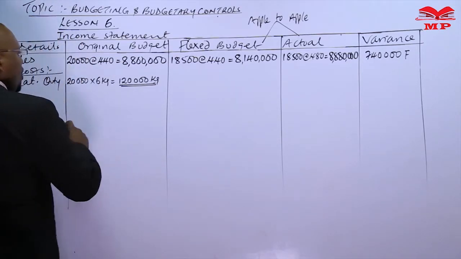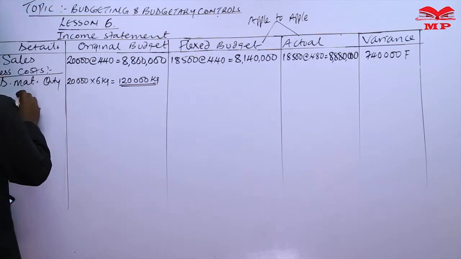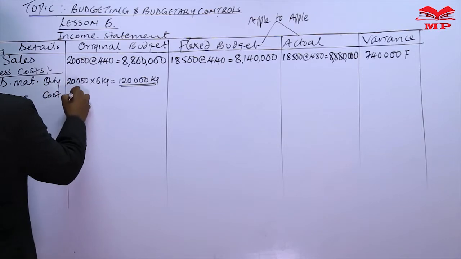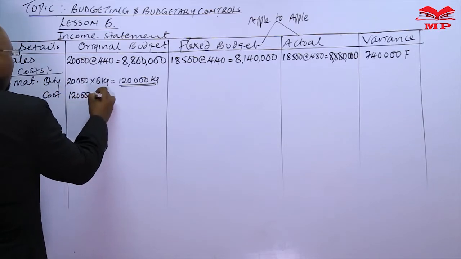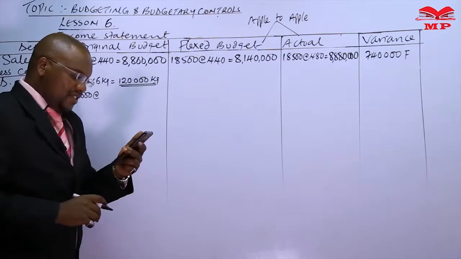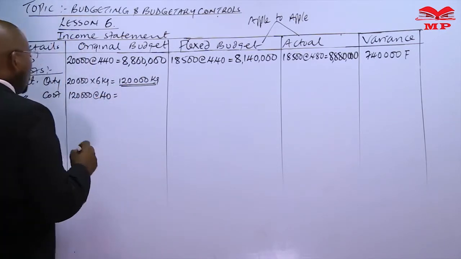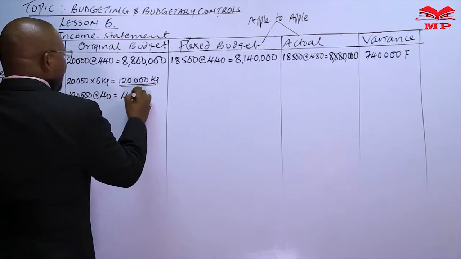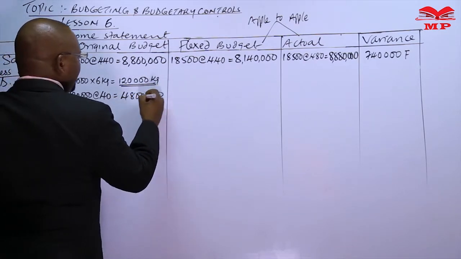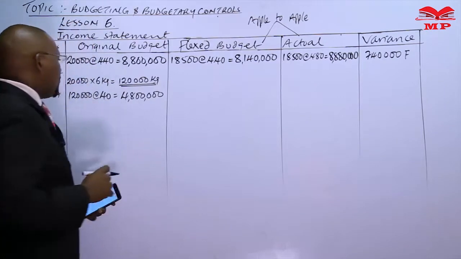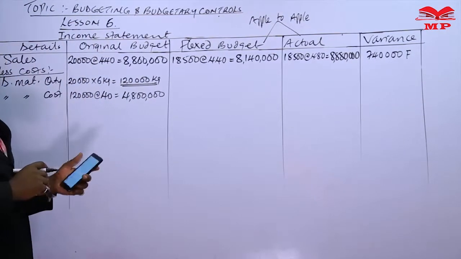But when you come to the direct material cost, we take the 120,000 kgs. Each we were to spend how much as per the budget? We were to spend 40 shillings. And therefore this is going to give us 4,800,000 as our cost.